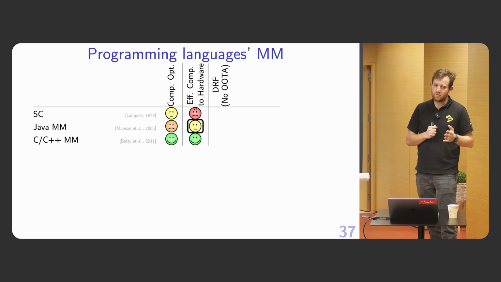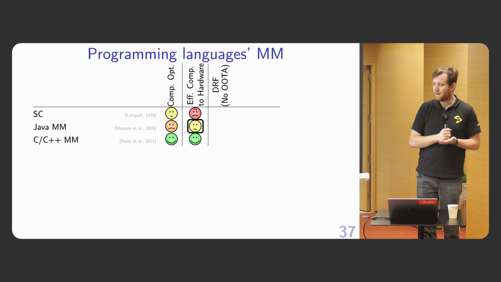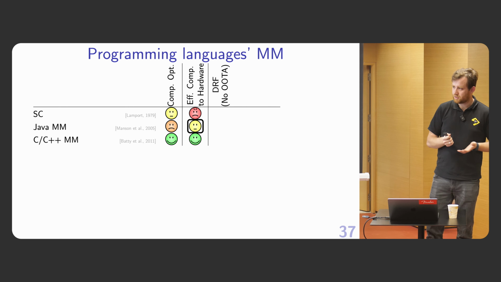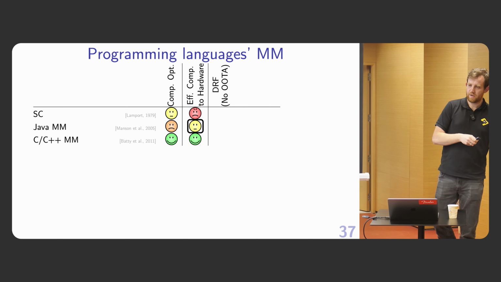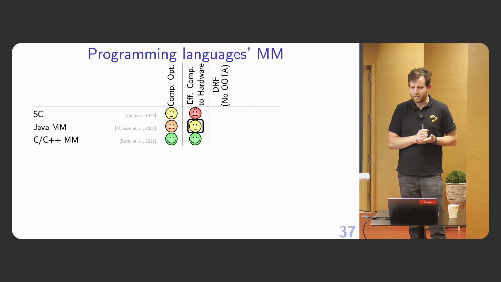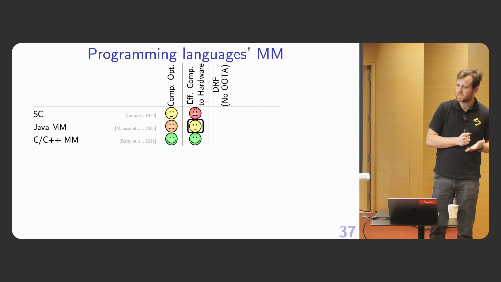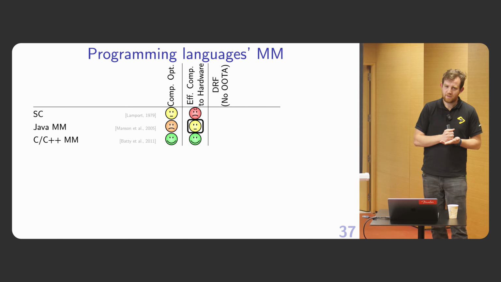Meaning that they don't use enough fences, and potentially it could lead to behaviors on HotSpot which are not allowed by the specification of the Java memory model, and it's a known bug. We discussed it with a member of the Java standardization committee.